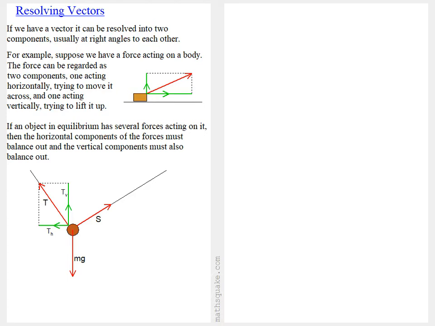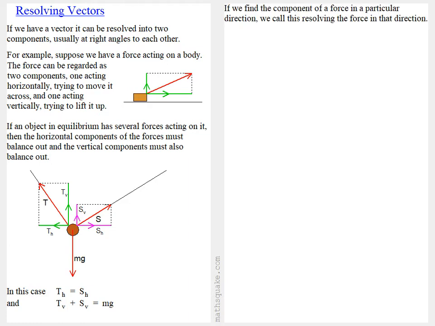Similarly, we can resolve S into a horizontal component and a vertical component. Then, the horizontal components of all the forces must balance, and the vertical components of all the forces must balance. So in this case we have TH is equal to SH, and TV plus SV is equal to mg.